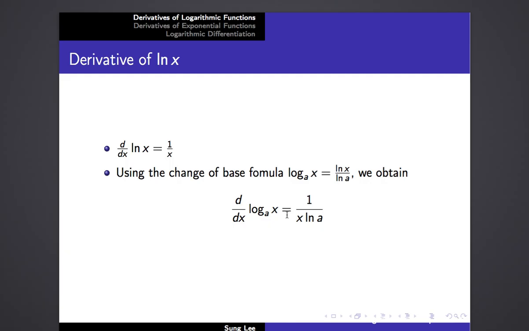We already know that the derivative of ln of x is 1 over x, so we end up getting 1 over x times ln a. So that's the derivative. Easy, right?